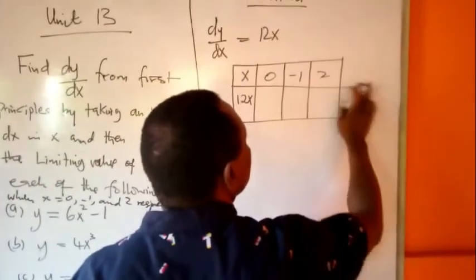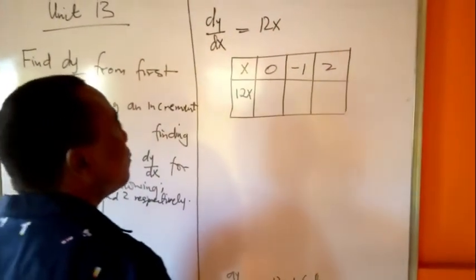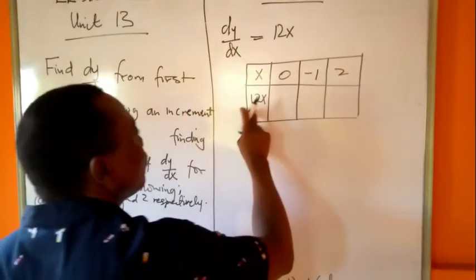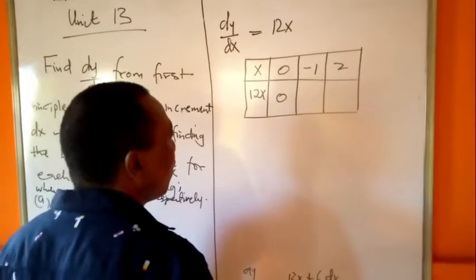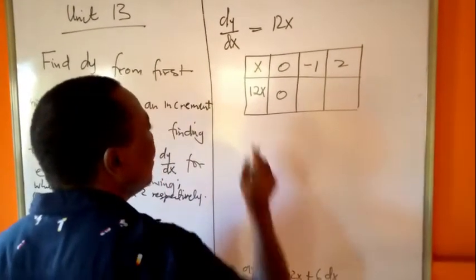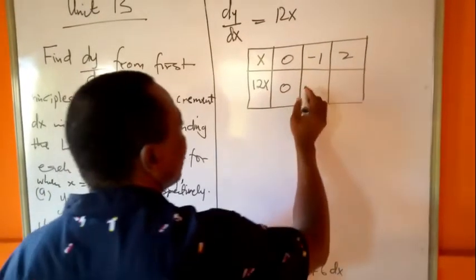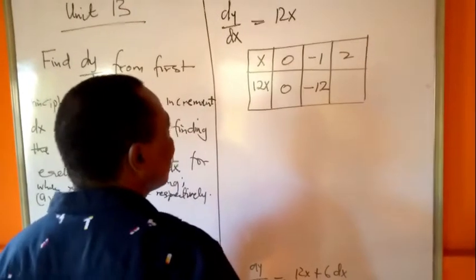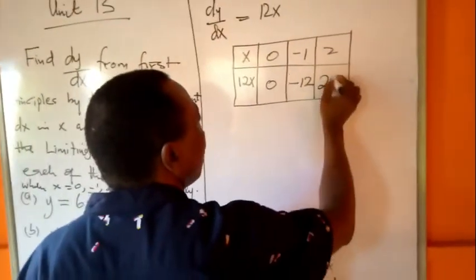That is our boundaries. So if x is 0, 12x becomes 0. When x is minus 1, 12x becomes minus 12. When x is 2, 12x becomes 24.